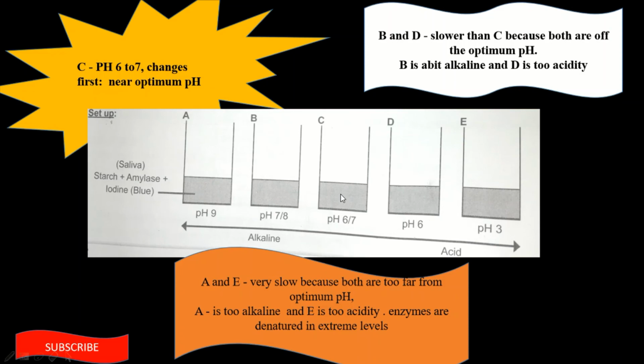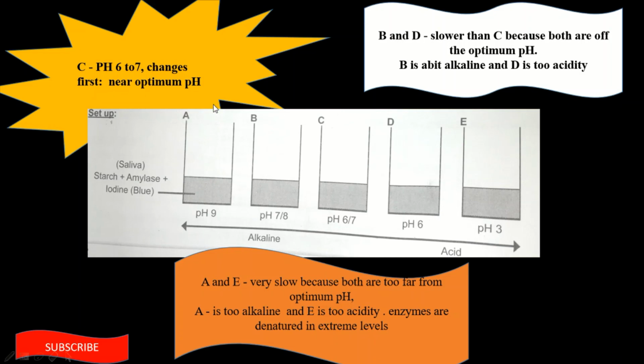Your starch will be broken down by amylase, and your solution will change from blue to yellow to show that starch is no longer present. And then test tube B and D will follow. Reaction in test tube B and D will be very slow as compared to C.